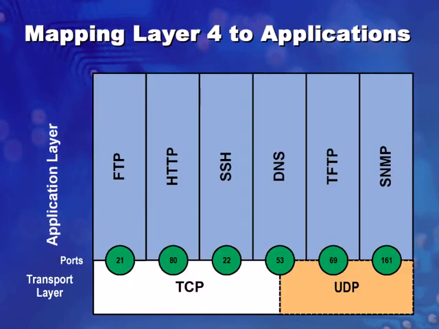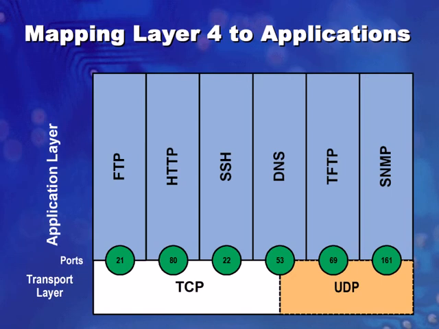In mapping between layer 4 and the application layer, we have predefined values inside the port field that are well-known port numbers. I've already mentioned a few, but you should have these memorized. Things like port 20 and 21 for FTP. HTTP uses port 80, also 443 for secure HTTP.